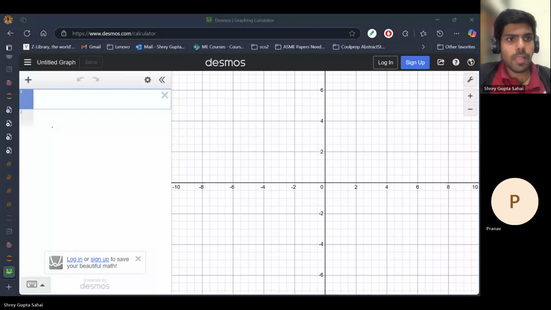I'll share my screen first. So yes, the formula I have is... There's no point of taking a screenshot, you won't be able to see.